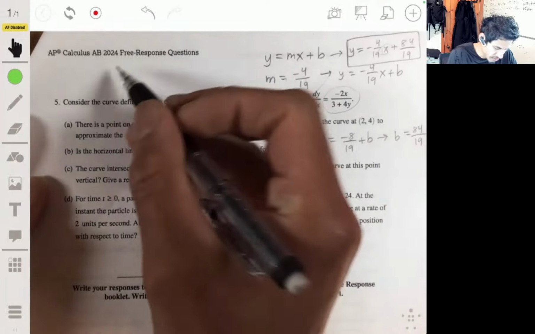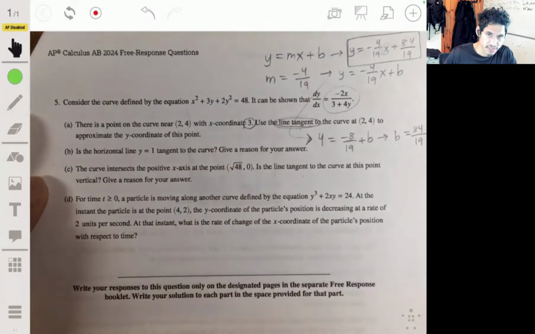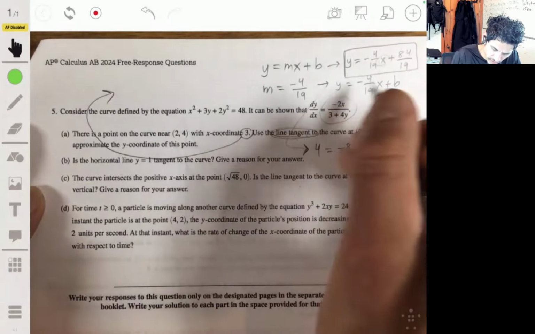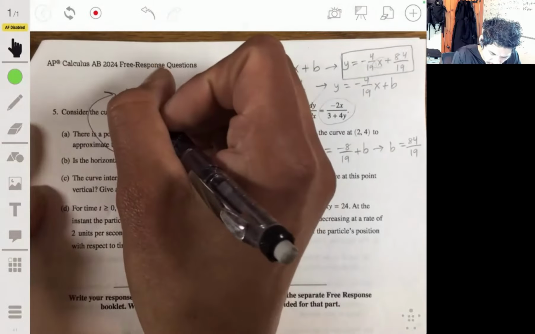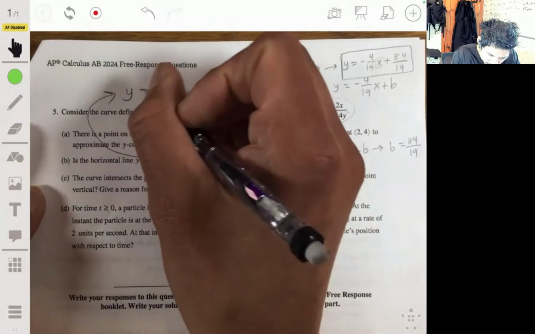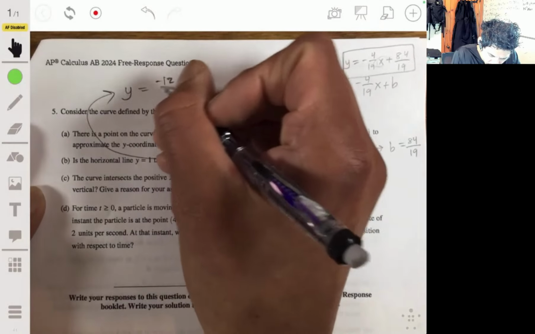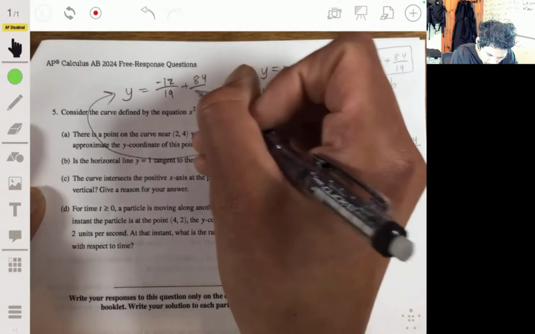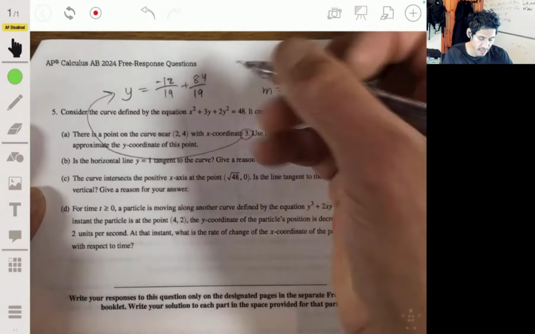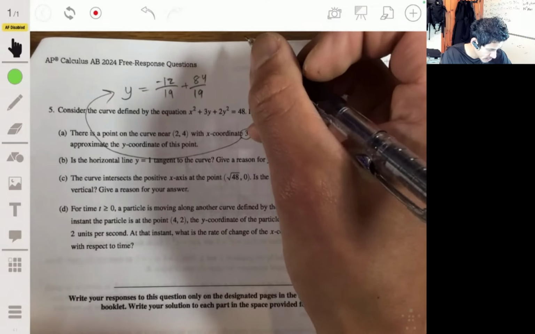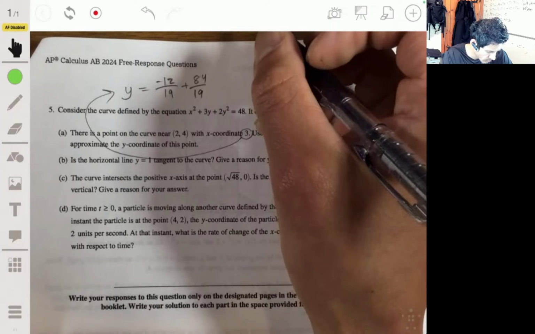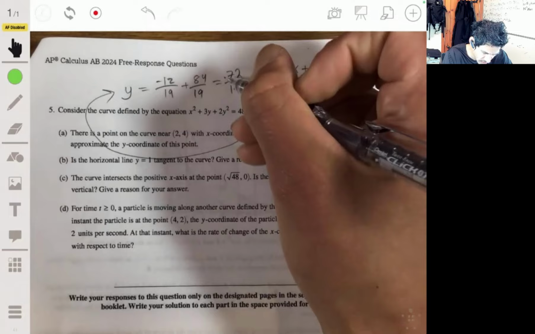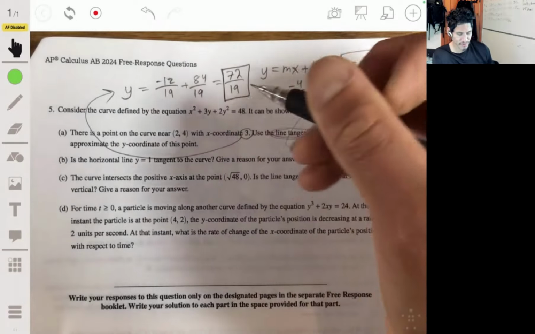I'm gonna do it over here. I promise the rest will be nice and organized, but I just gotta keep up with this chaos. So plugging in the x there, we will get y equals negative 12/19 plus 84/19. How many 19ths will we get? 72/19, and that's your answer for y.